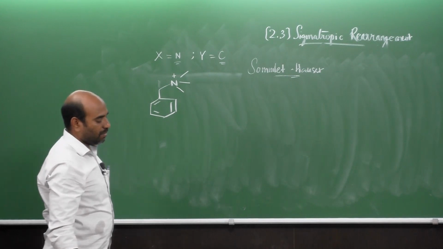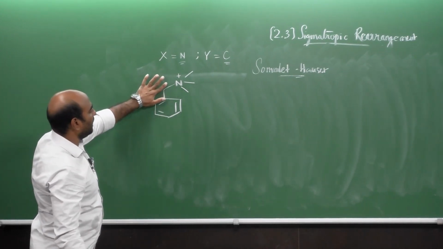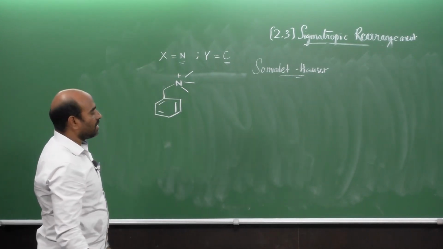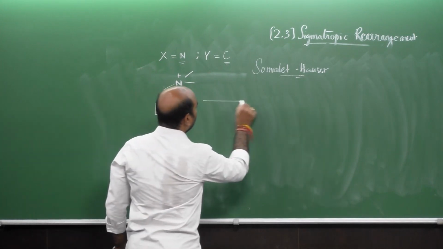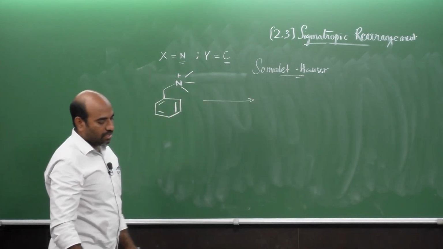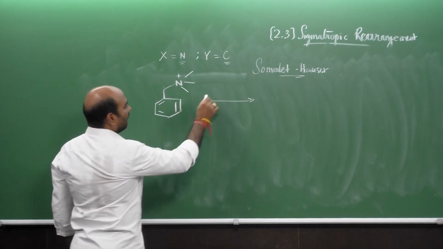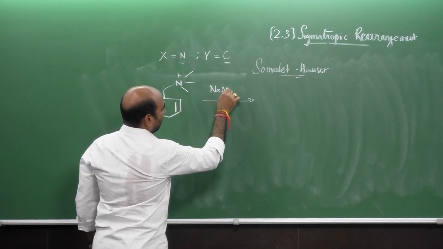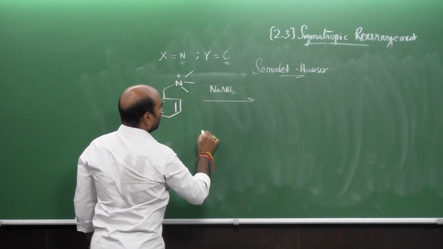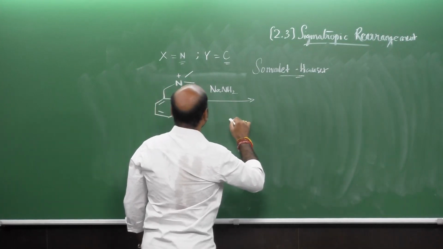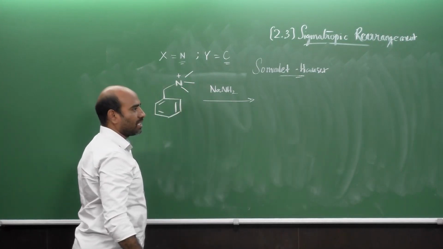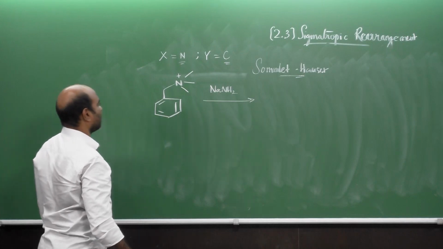What kind of quaternary amine? A benzylic quaternary amine system. On treating with a base followed by heating, you will be able to see the 2,3 sigmatropic rearrangement reaction.